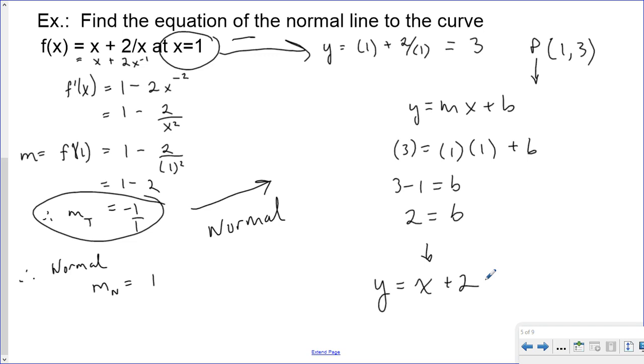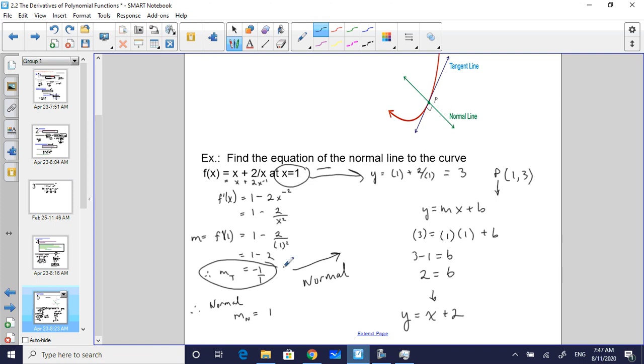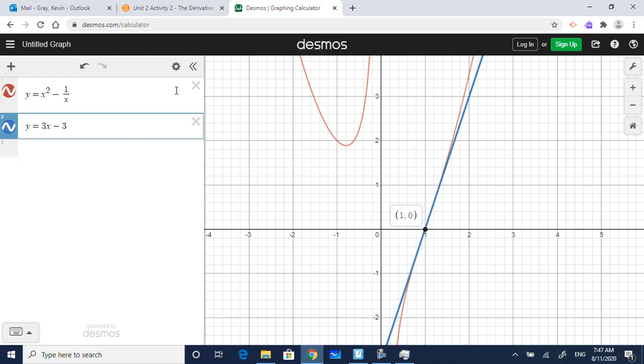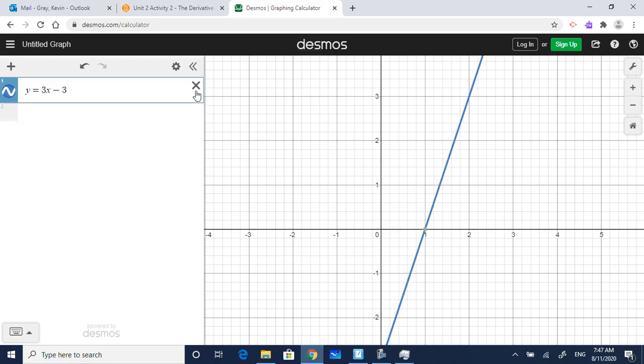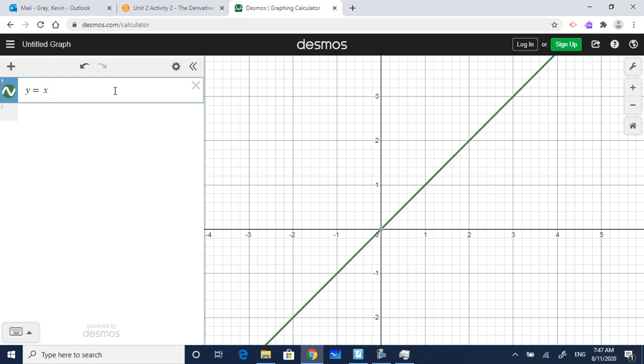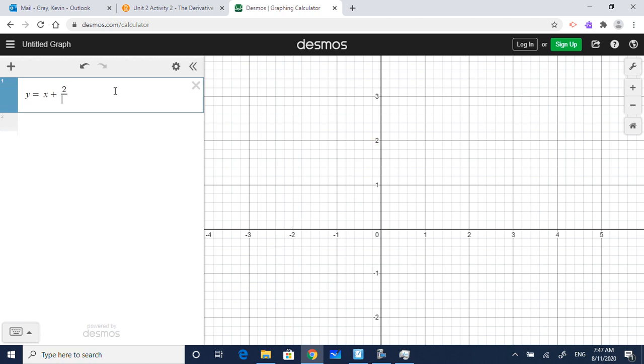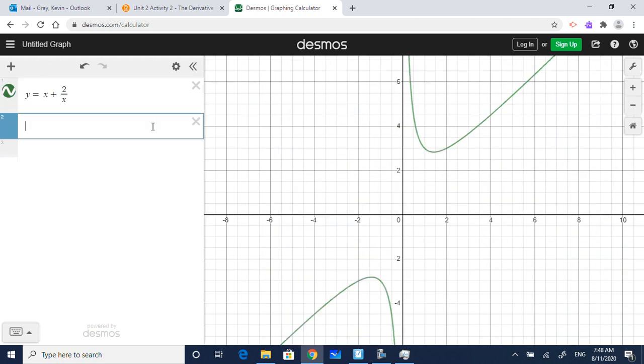Now this one's worth graphing again, so I'm going to get into Desmos. I think I still have Desmos open. Let's just start afresh here. My original equation was y equals x plus 2 over x, and then my normal was y equals x plus 2.